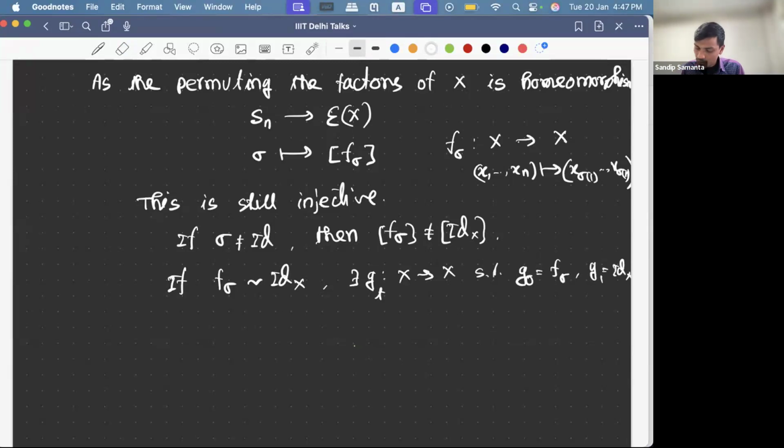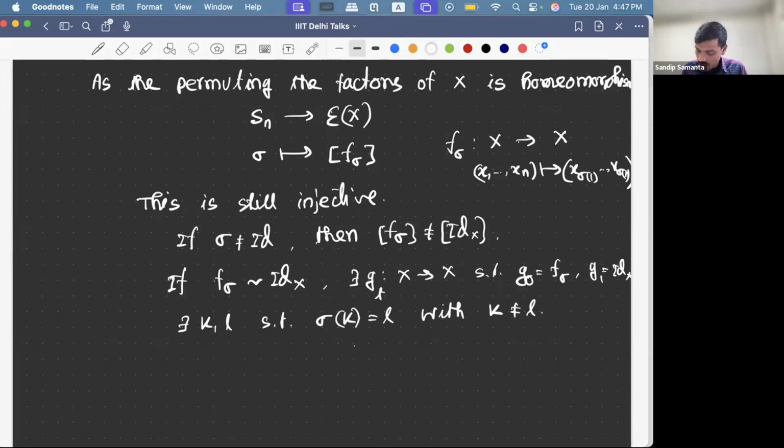And as sigma is non-identity, there exists some k, l such that sigma k equals l with k not equal to l. Because it is not the identity, there exists some point which is not fixed by sigma. So in particular, this is the pair k and l with k not equal to l.